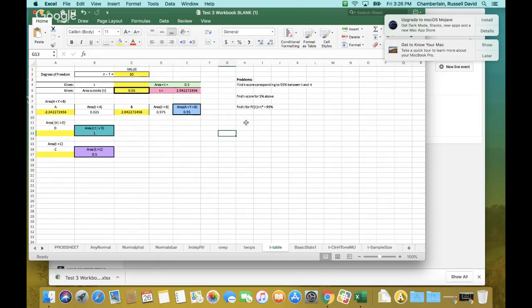So say I was given something like y bar equals 8 and mu naught, we'll say that's actually equal to 4.